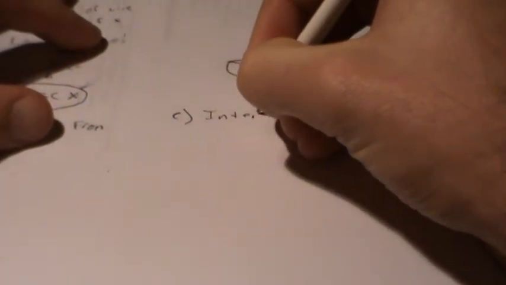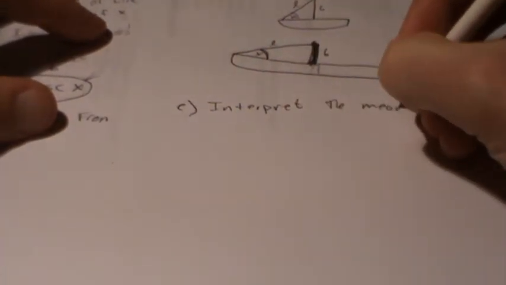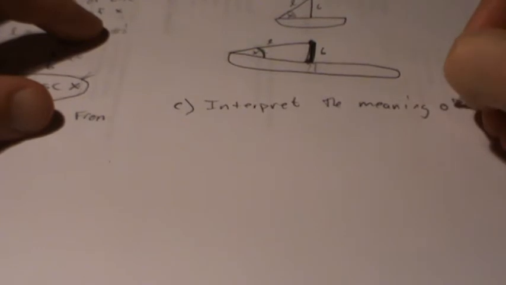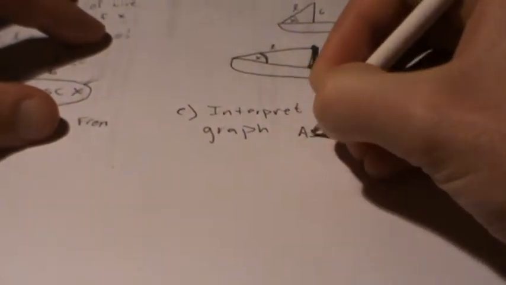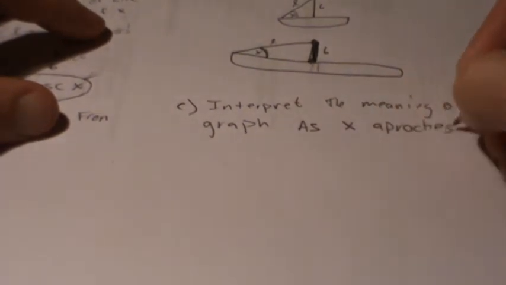Let's look at another question here. It says, interpret the meaning of the graph as x approaches 0.